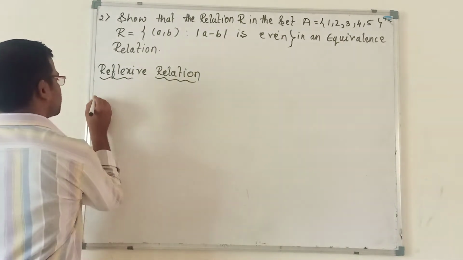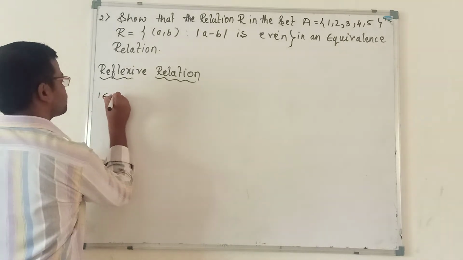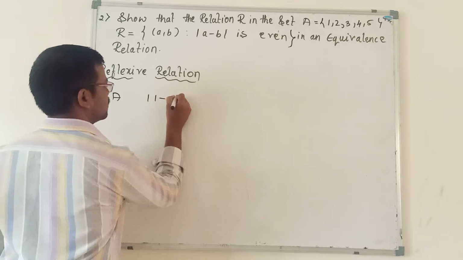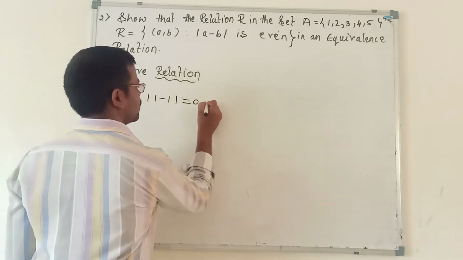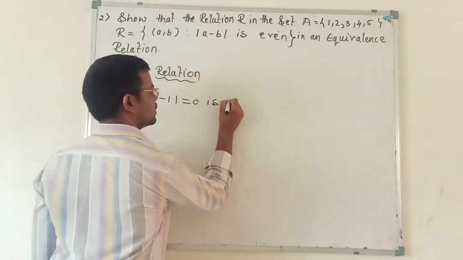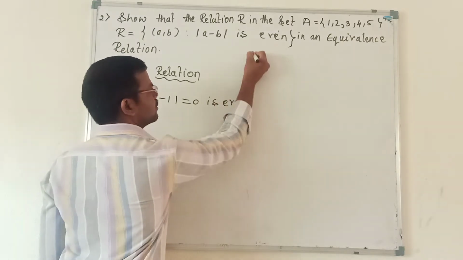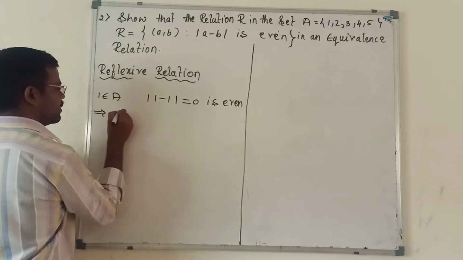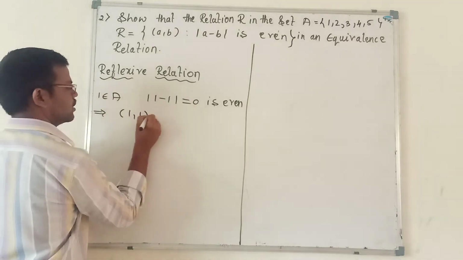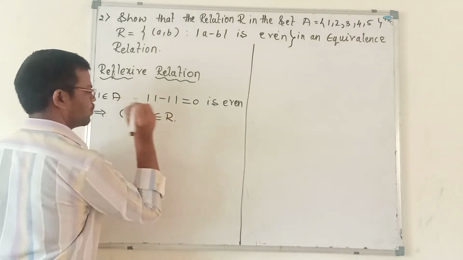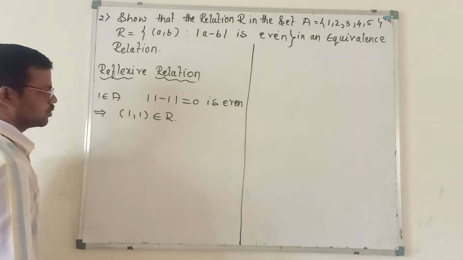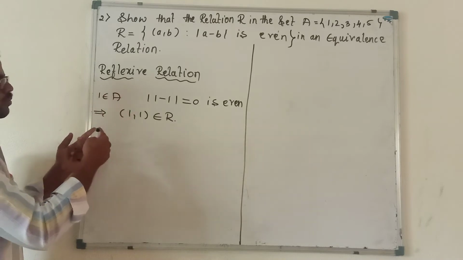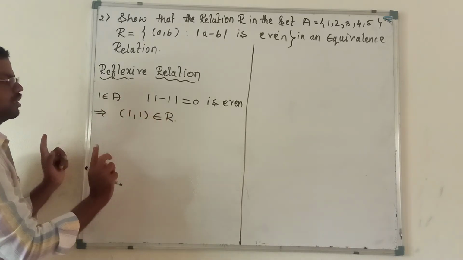So let me take 1 belongs to A, and so mod of 1 minus 1 is equal to 0, which is even. So it implies that (1, 1) belongs to R. Similarly, for every element, if you take 2 also, 2 minus 2 is 0, an even number.